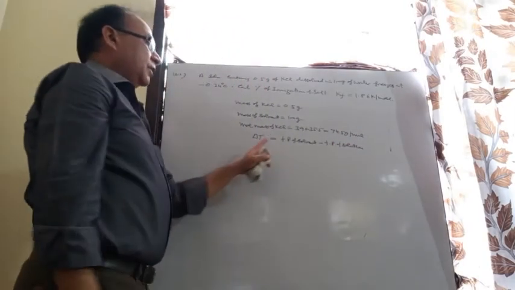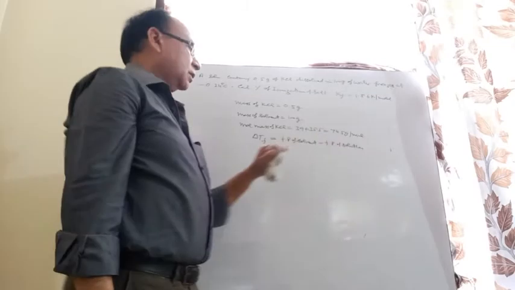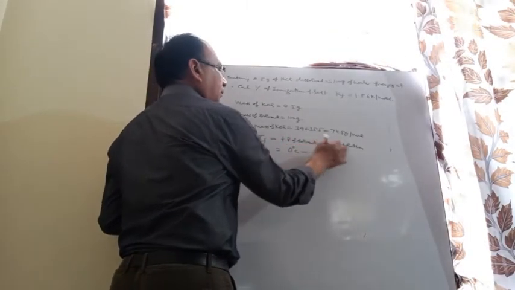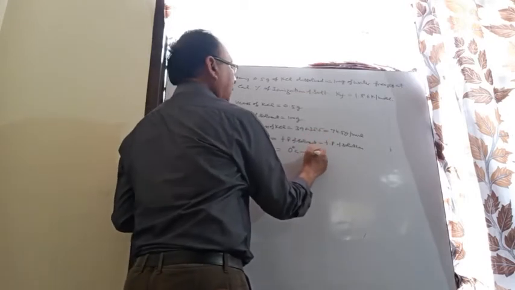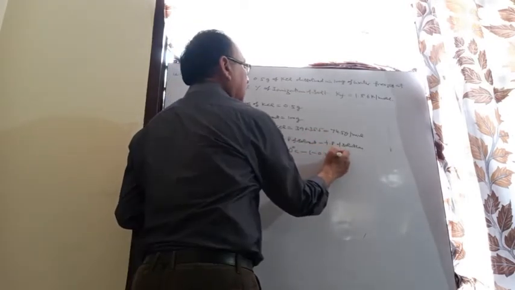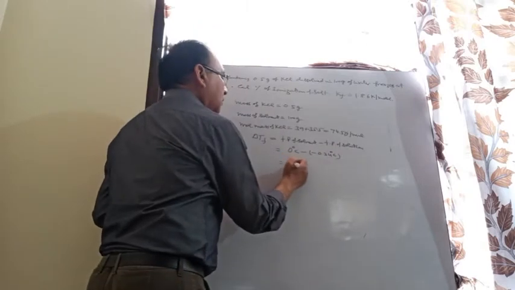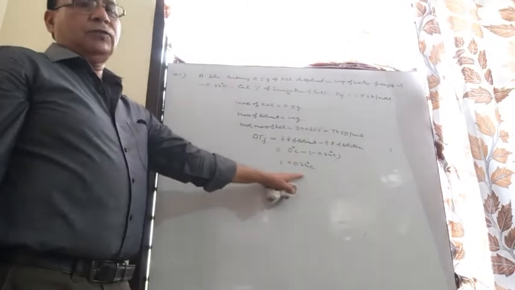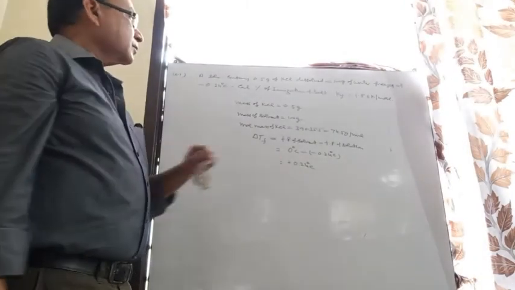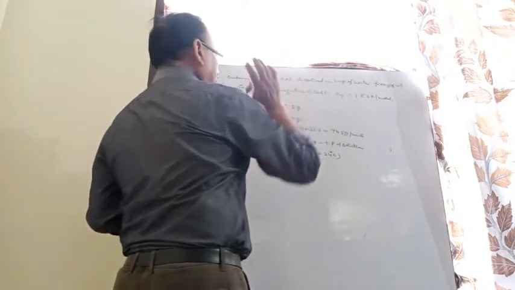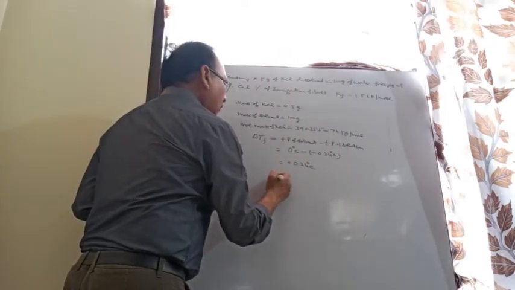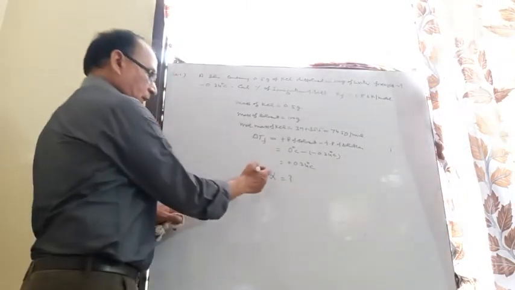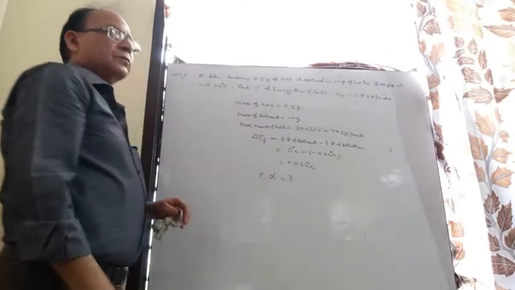The freezing point of solvent is 0 degrees Celsius, and the freezing point of solution is minus 0.24 degrees Celsius. So the value will be plus 0.24 degrees Celsius. So delta Tf is 0.24 degrees Celsius. Kf is also given. We have to calculate the value of alpha; first we calculate i, then we can calculate the percentage.